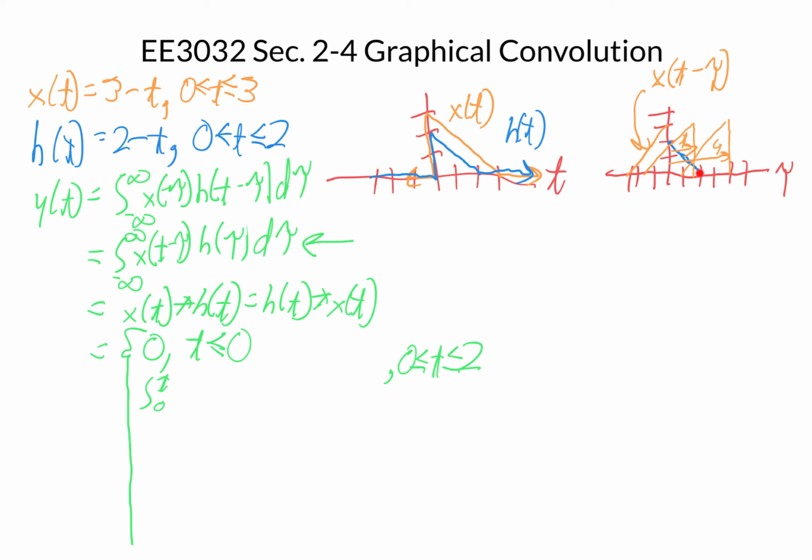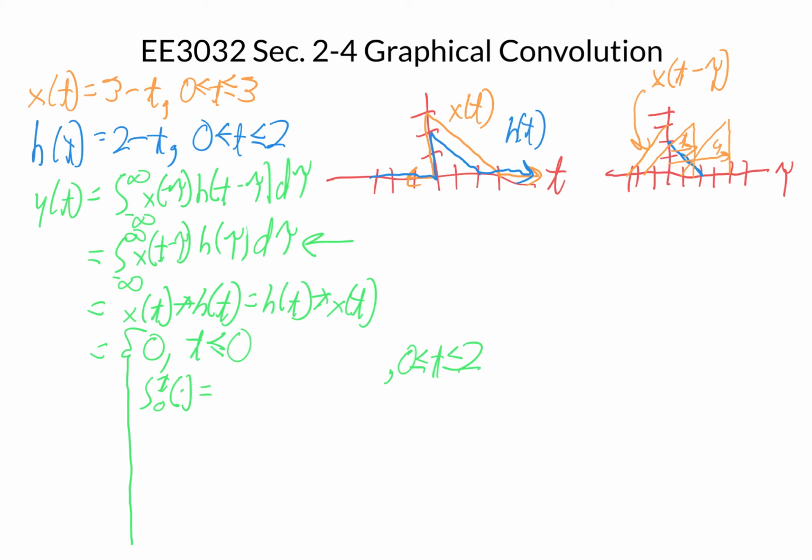Now the blue function is on until 2, but in this range, t can be less than 2, and that's where the range of overlap is going to occur. So we're going to work that as a side problem to figure out what happens in that integral. So that integral is going to be the transformed x times the transformed h. We're going to work that as a side problem, and we'll come back and fill that value in later.